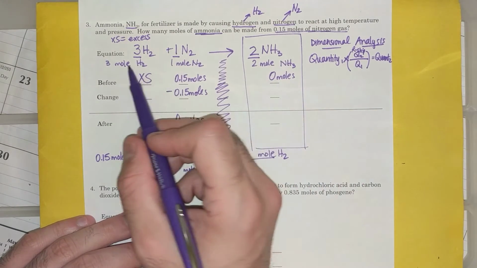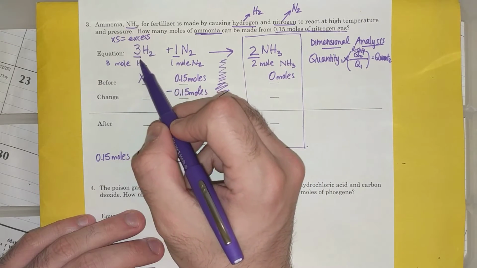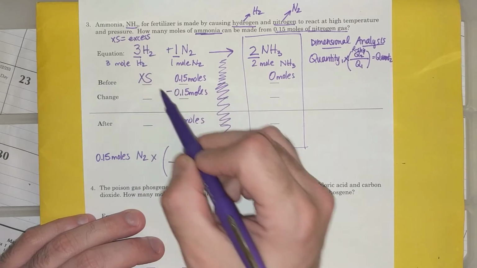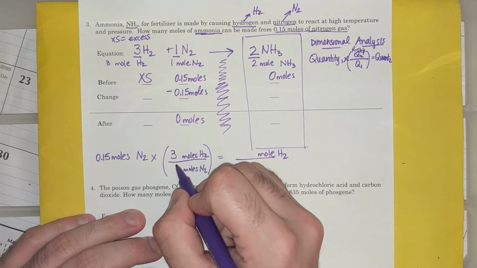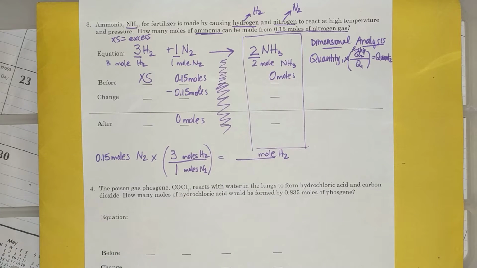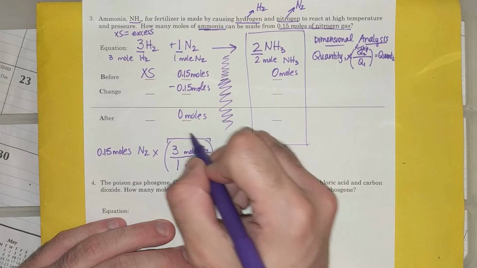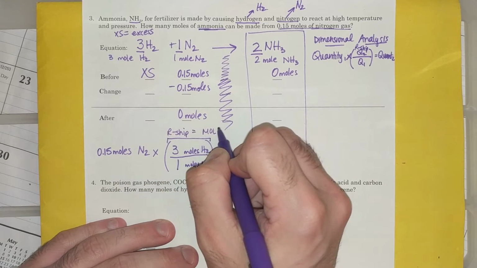Between H2 and N2, for every 3 moles of H2, there will be 1 mole of N2 that's required to react. Okay? So what goes in this relationship for us? The relationship is equal to the mole ratio.